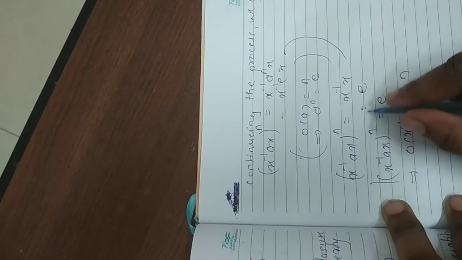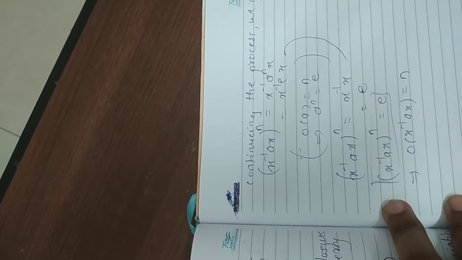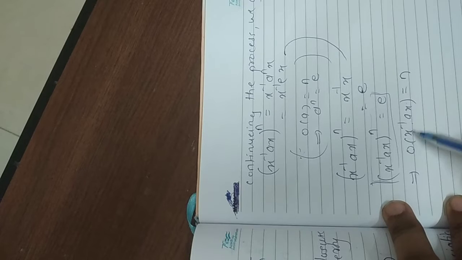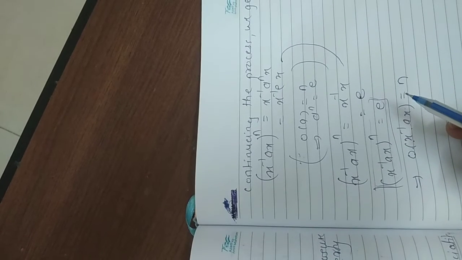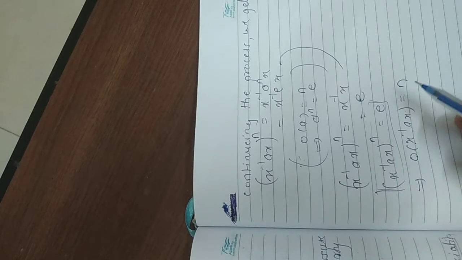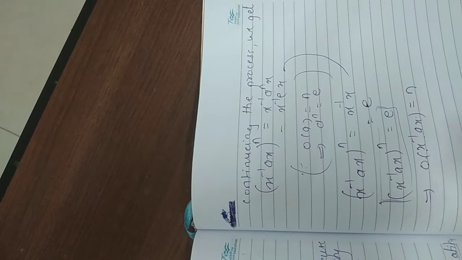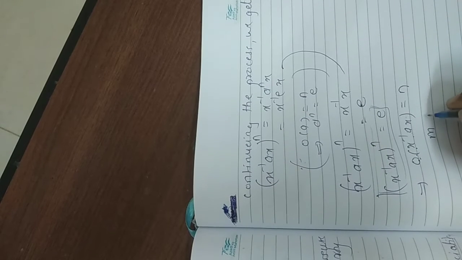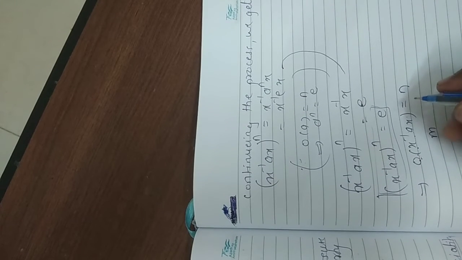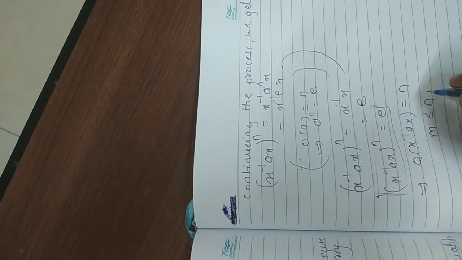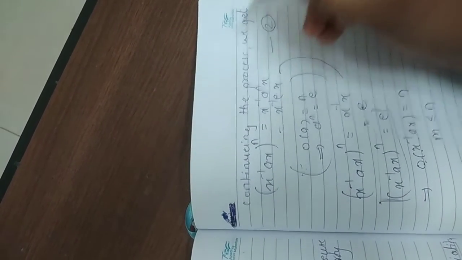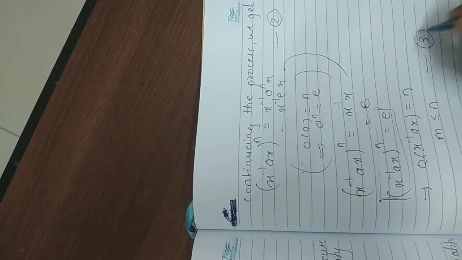This is the definition of the order of an element. We have already seen that. And what is the order of X inverse A X? That is m. So here we write m is less than or equal to n. Call this equation 2, and call this equation 3.